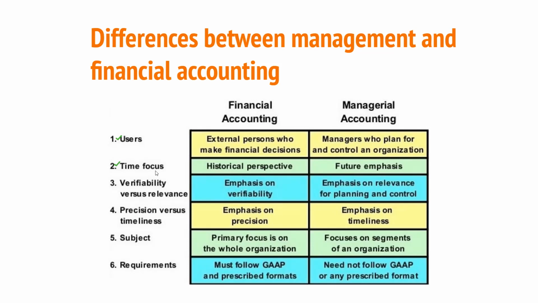Verifiability versus relevance. Well, for financial accounting, the emphasis is on verifiability. You want to make sure that the information that you are presenting can be verified and is reliable, right? But for managerial accounting, the emphasis is on relevance, right? It has to be relevant for planning and control because that's the main purpose of managerial accounting, to assist with planning and control.